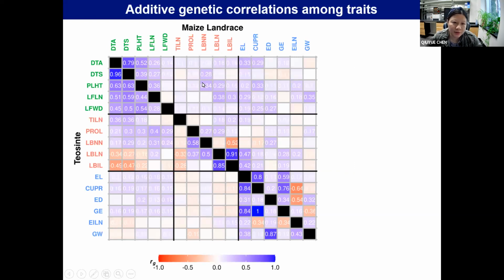First, let's look at the additive genetic correlations among traits in our population. The lower triangle represents the genetic correlation matrix in Teosinte, and the upper triangle represents the genetic correlation in maize landrace.